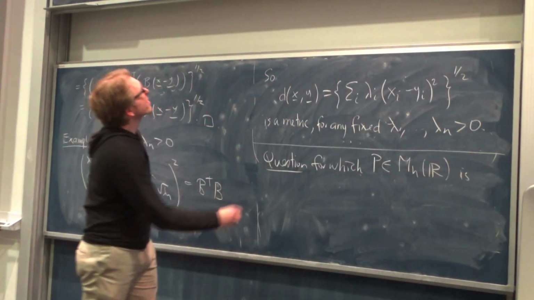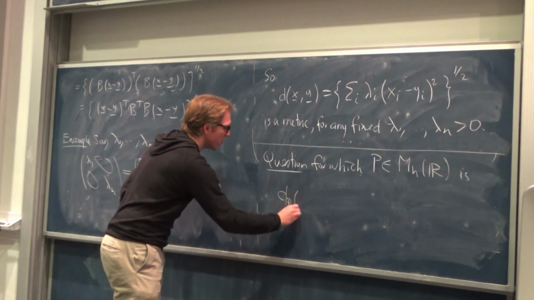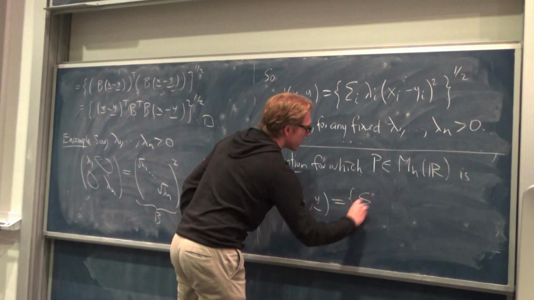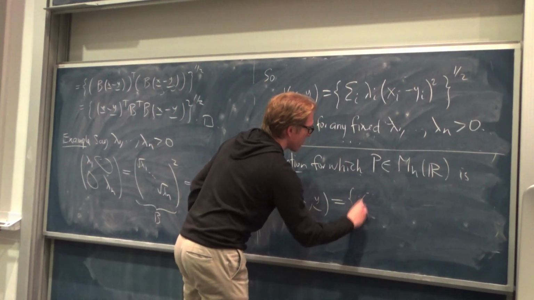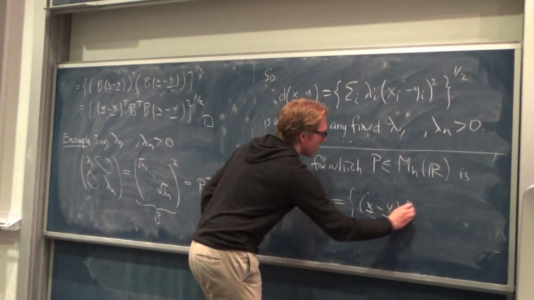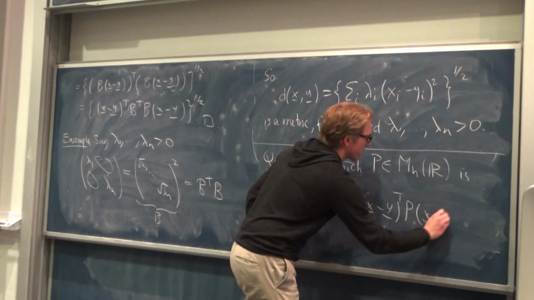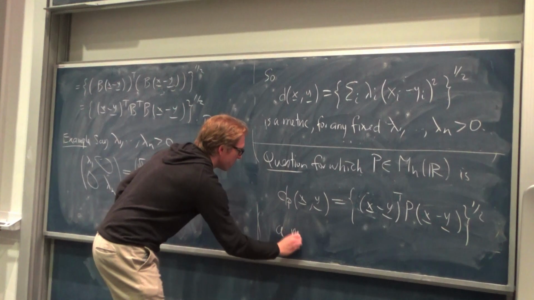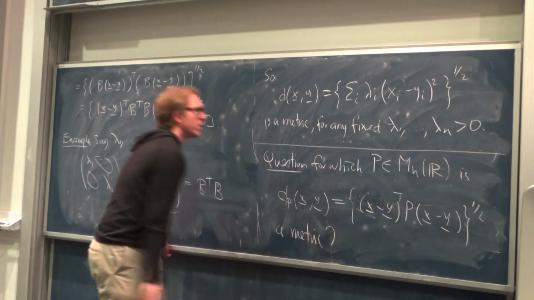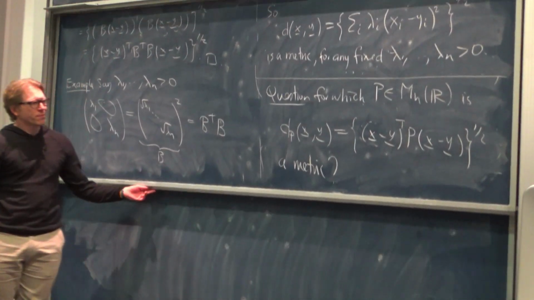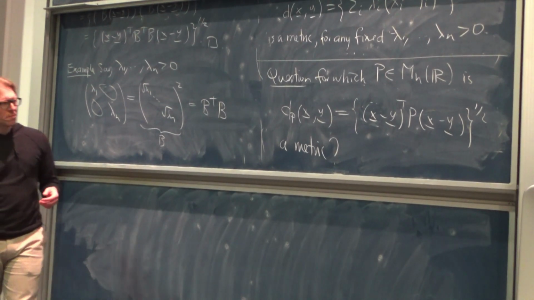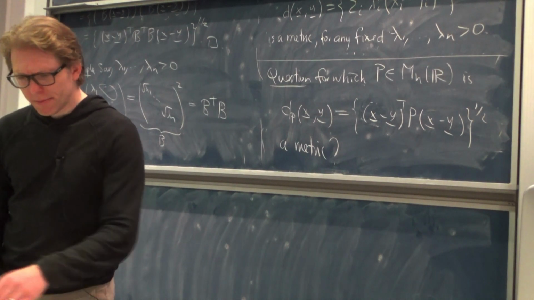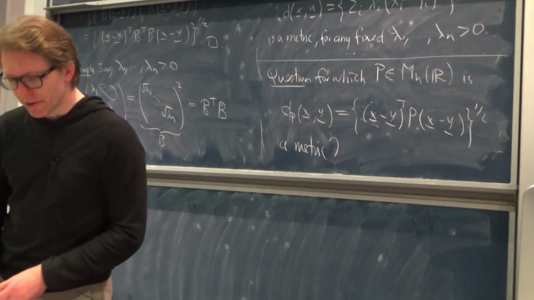Okay, so given a matrix, let's define a function on pairs of points in Rn to be given by this formula. Okay, so that's a natural generalization of what we just discussed. So for which P's does that give a metric?